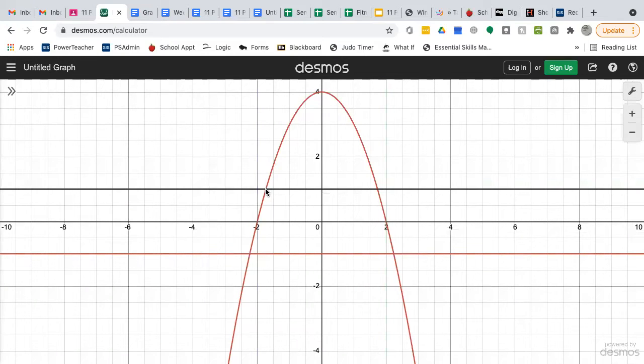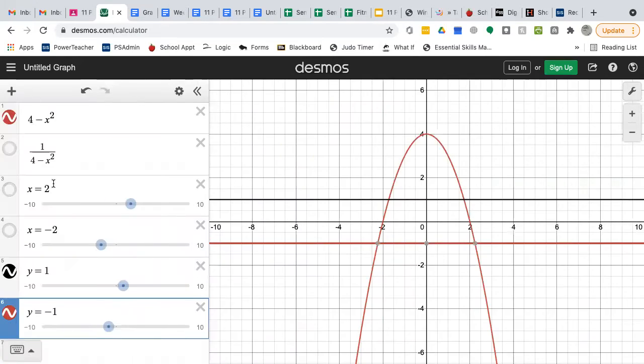Those points here, these are where the reciprocal is going to go through. Does that make sense? Where y equals 1 and -1, that's where the reciprocals are going to go through.